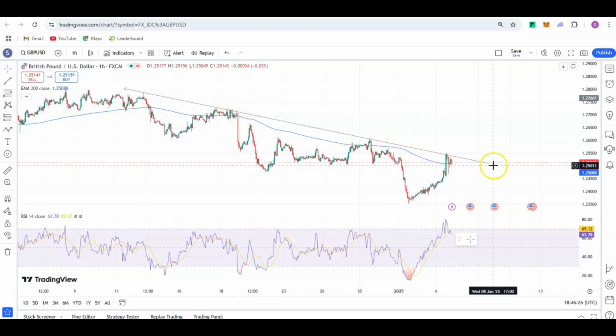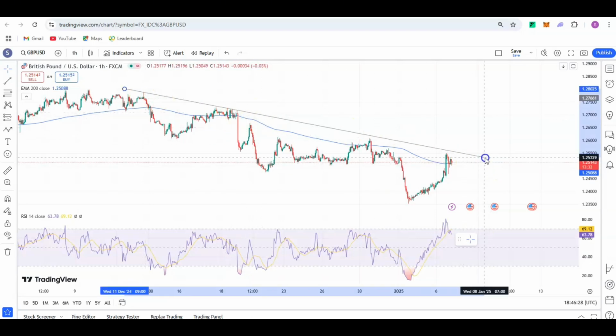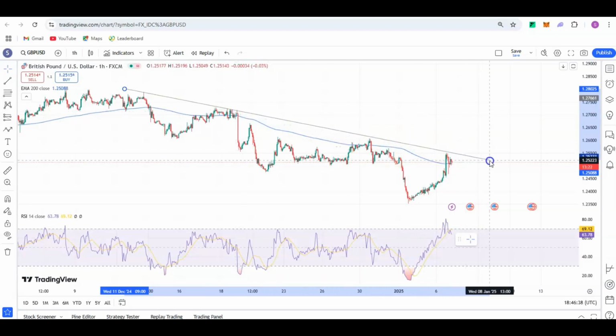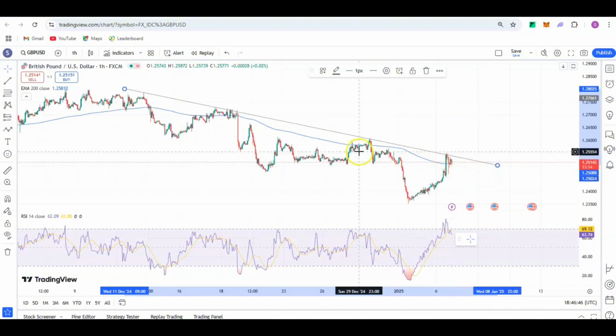Touching this other point here validates our second point, and a third point. You can see that we have multiple touches at this point here. Drawing it, extending it down, touching this particular point to the downside, you can see we have the first touch here, the second touch here, another touch here, a third touch here, and this.